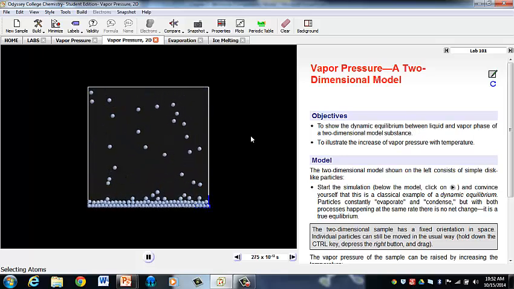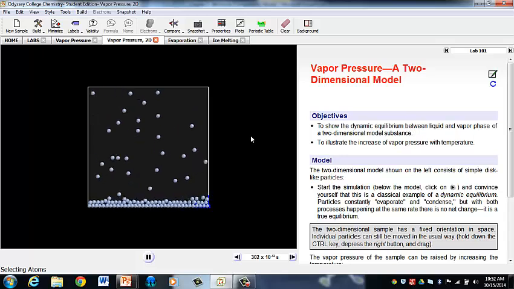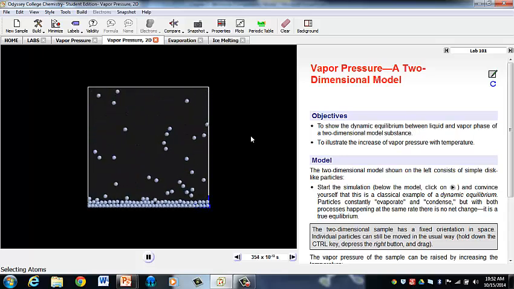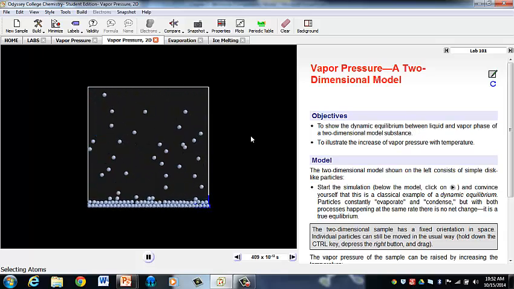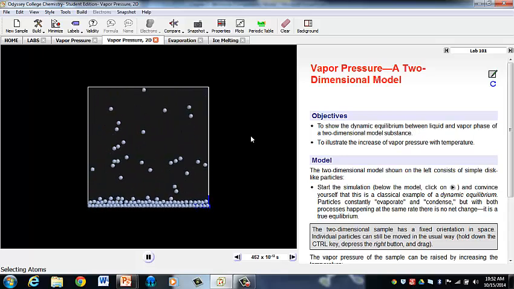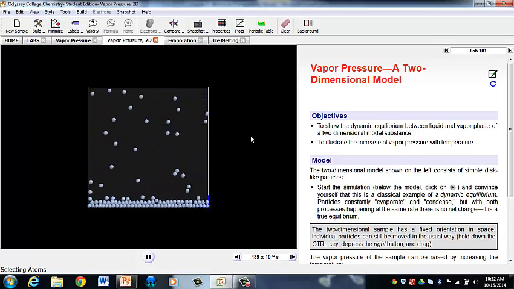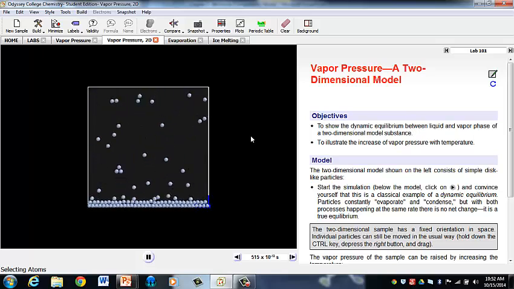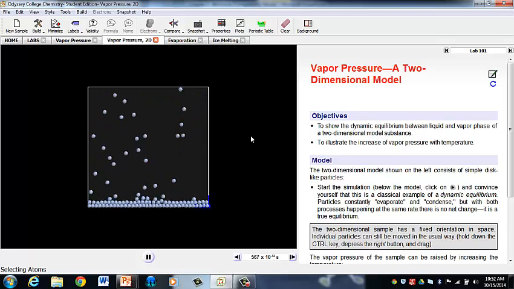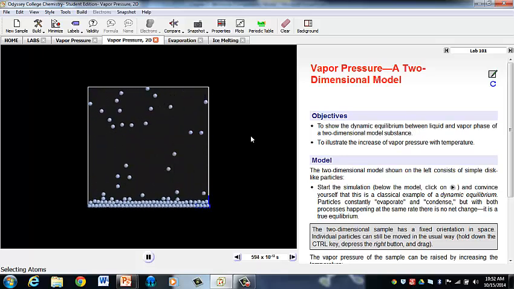Since this is a closed container, what will happen is you'll reach a point where the rates of those two processes are the same. So you have equal numbers of particles leaving the liquid and joining the liquid at any point in time. And so you end up with an equilibrium number of particles that are in the vapor phase. Okay? Question?